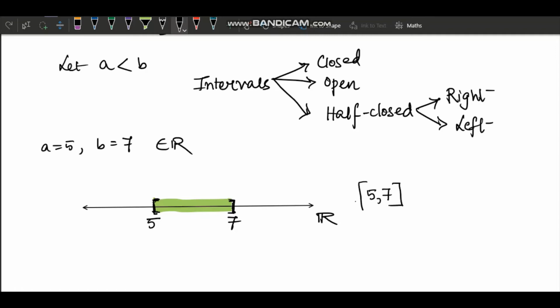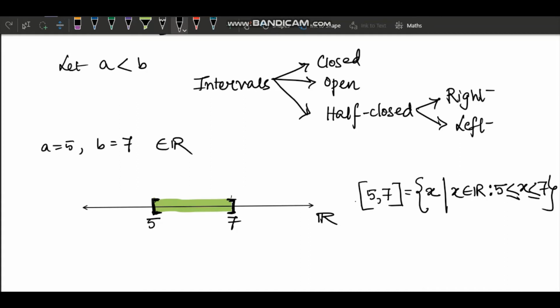It is denoted by this, and it includes all the numbers. If I have to write this in the set builder form, it means that this is the set of all the real numbers which are in between 5 and 7 inclusive of both. This bracket and this bracket act as doors.